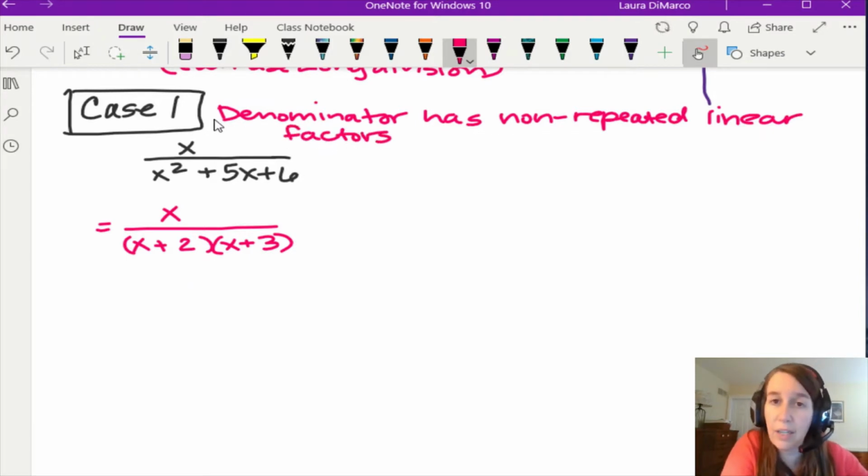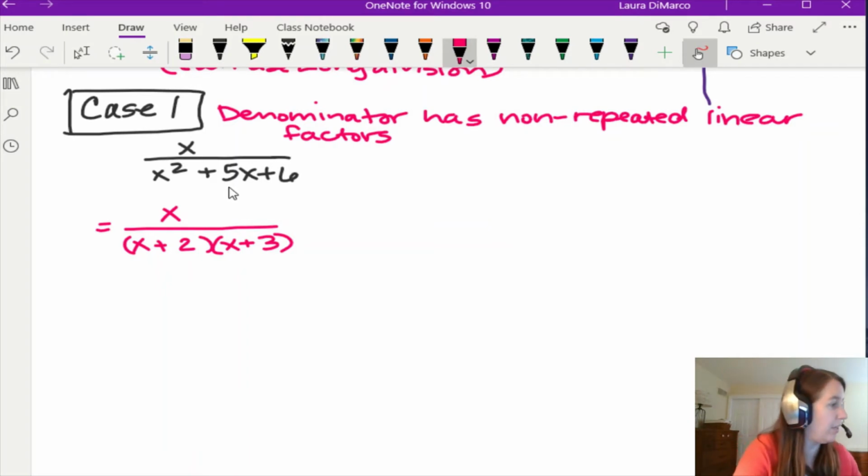So case 1, the denominator is what we're looking at. It has non-repeated, so x plus 2 is different than x plus 3, and they are linear factors, x, x. That's why I had to break down the problem first to see if it was factorable.